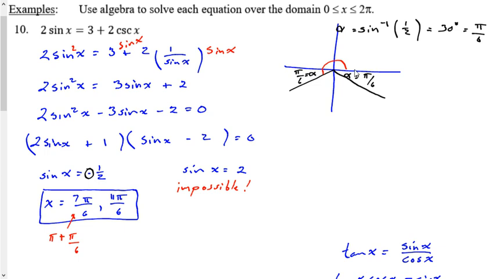Then to find my next one, I'm going to go all the way around to 2 pi, but I went too far. So I'm going to go 2 pi, and then come back, subtracting off that pi by 6 to get me to this point. So that's how I'm getting this one: 2 pi minus pi by 6. Is that good, Prableen? Good.